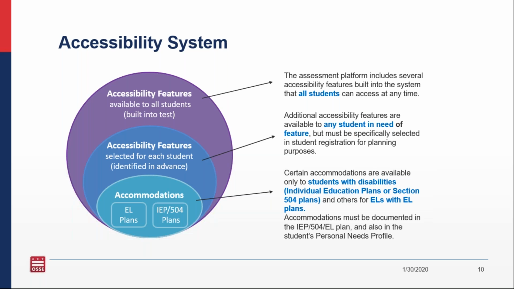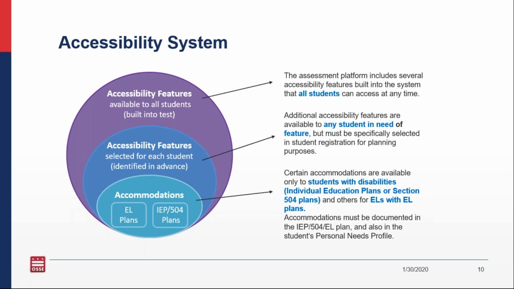So the accessibility system provides you with 3 areas to focus on when identifying accommodations. Our outer circle is the accessibility features. These are, again, available to all students and built into the test. The inner circle is accessibility features identified in advance for each student.